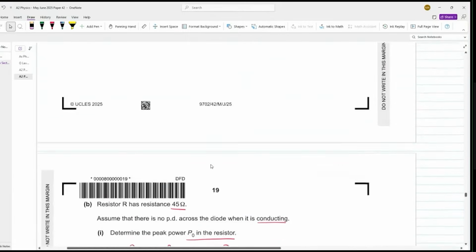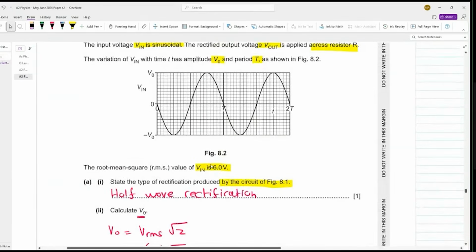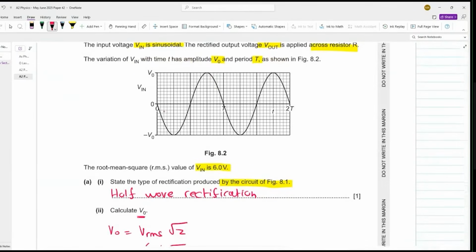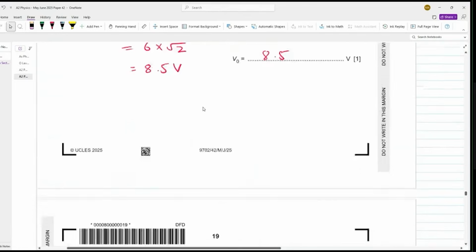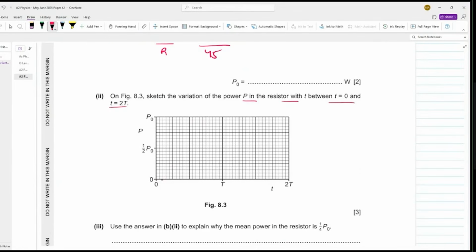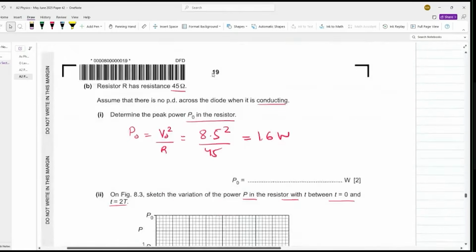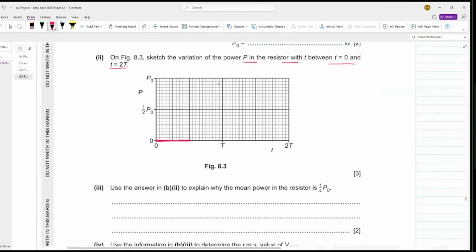Now, if you realize this is half wave rectification, whenever you have a negative voltage in half wave rectification, your voltage becomes 0 and power becomes 0. When you have positive voltage, power is positive, like this, P naught.